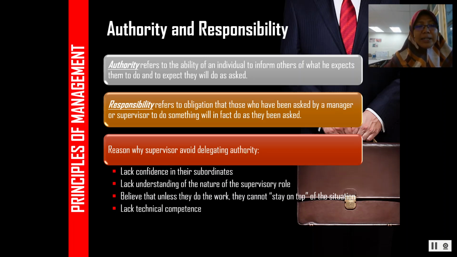The third one is believing that unless they do the work, they cannot stay on top of the situation. And lastly, supervisors avoid delegating authority because they lack technical competence. Okay, technical competence is one of the skills. We have learned about this in chapter 1, about the human skill and technical skill, and these are the skills required by the AOM.